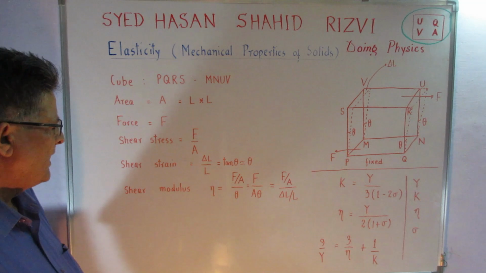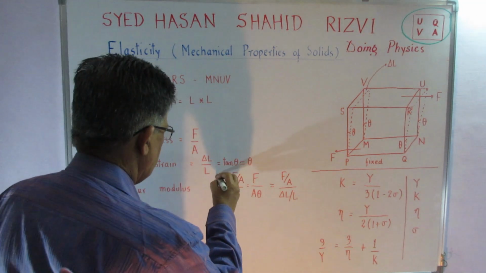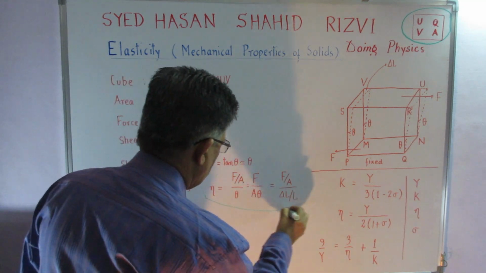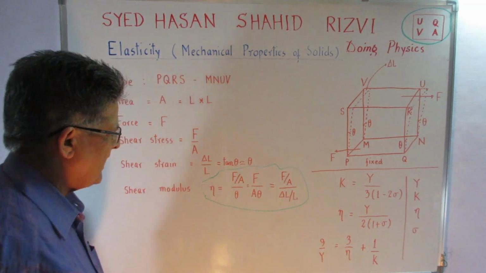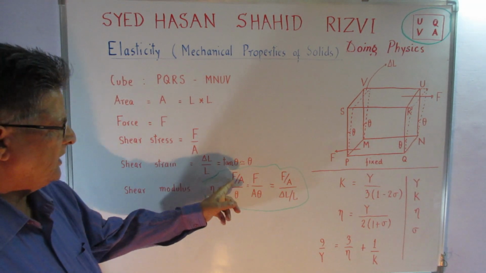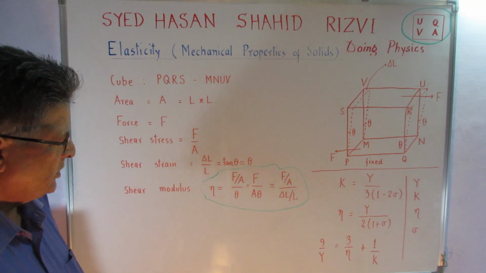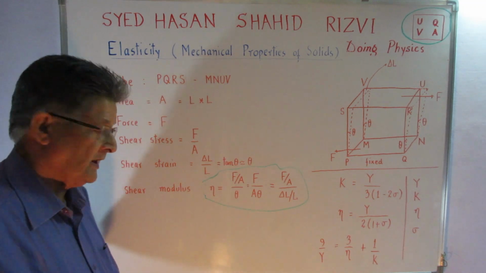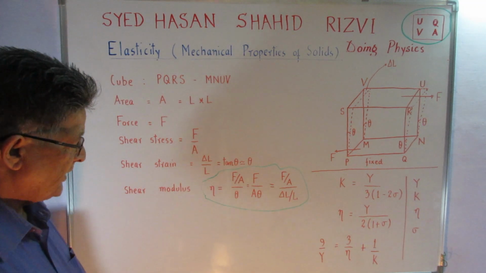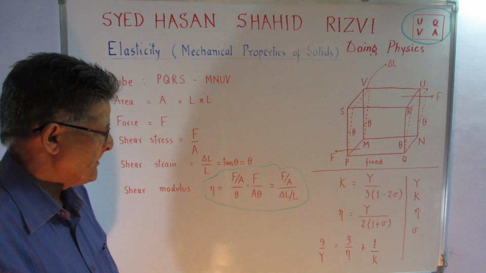And then we define the shear modulus of elasticity, eta. The shear modulus of elasticity, I can write it as the stress F upon A, which is in newtons per meter square. Theta, of course, is an angle, so it is just a ratio, just a number. And this is the strain.